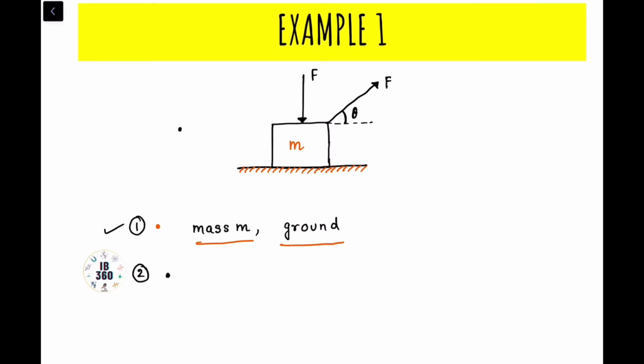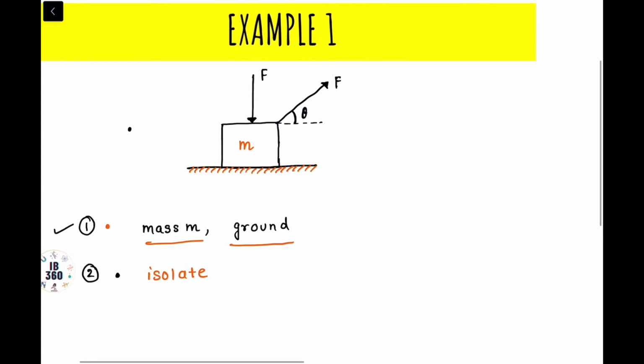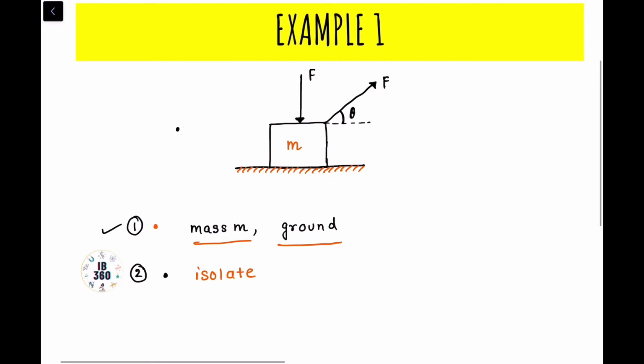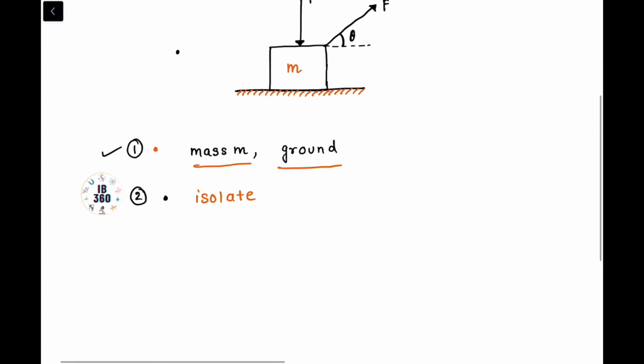If I isolate the block of mass m and the ground, what will happen? This is the block of mass m. Isolating the bodies does not mean isolating the forces acting on the body. The forces will act in the way that they are intended on the body.